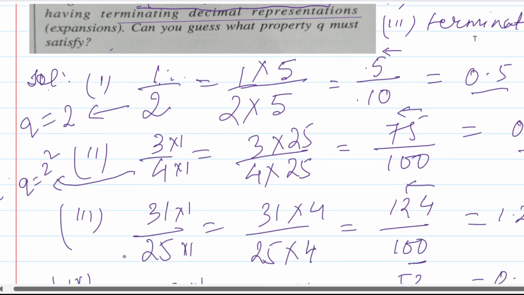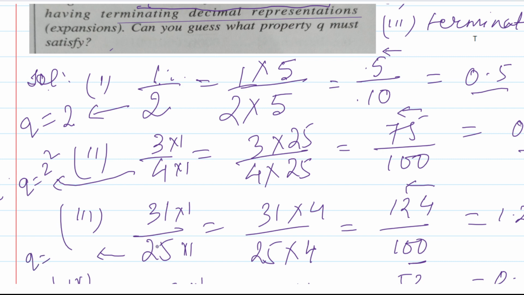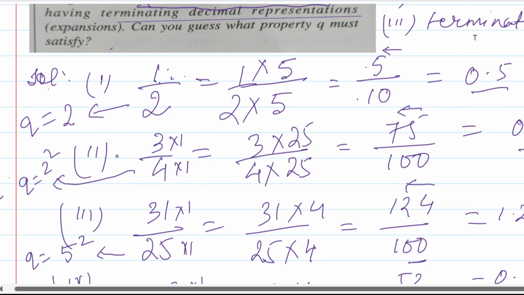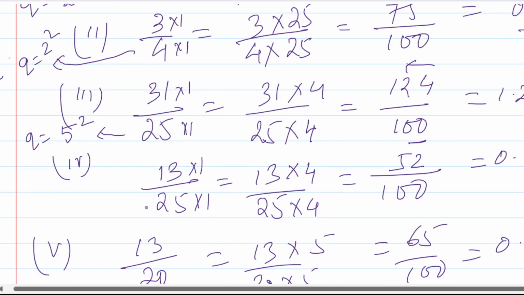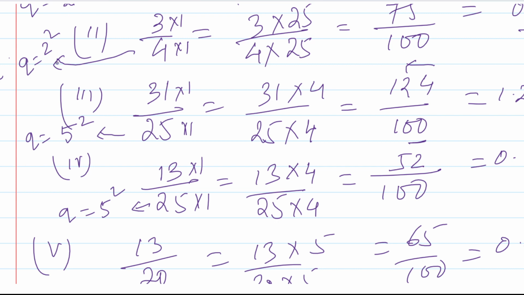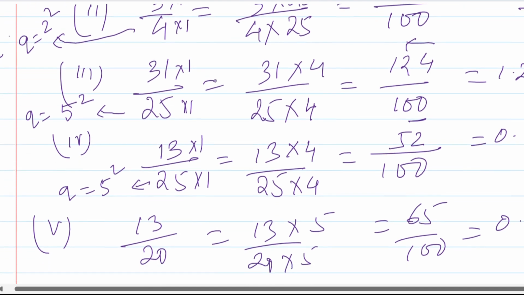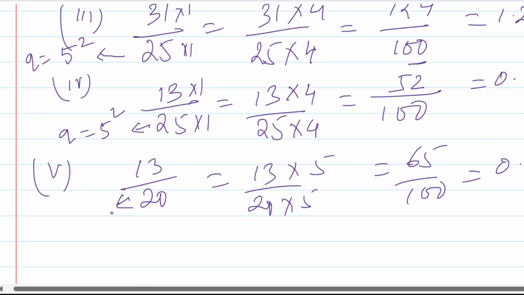And here, what is Q? Q will be 5 square, 5 into 5. Here also Q is 25, that is again 5 square. Here, what is Q?